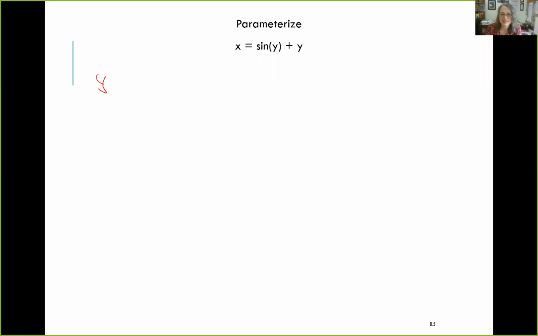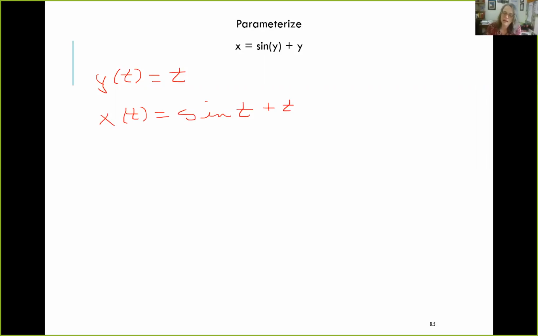So we're just going to say y of t equals t. Okay? So now, anywhere we see a y, we're just going to substitute t. Really, it is just that simple.